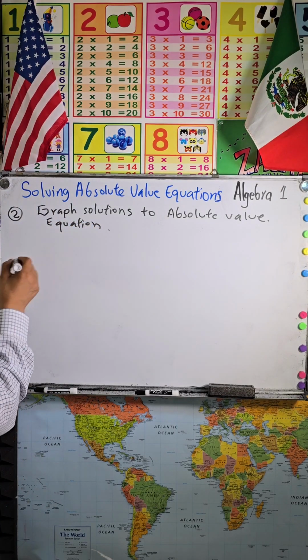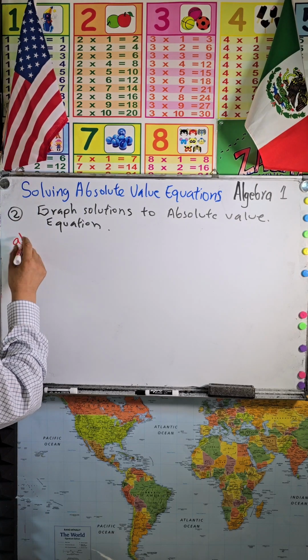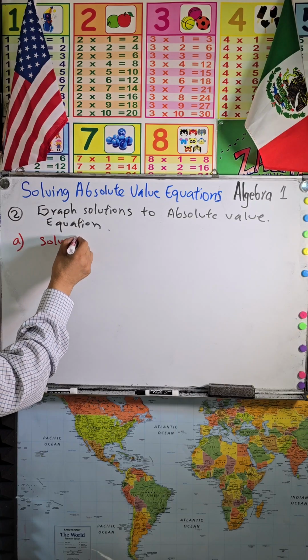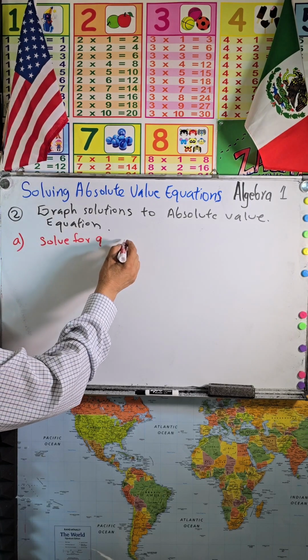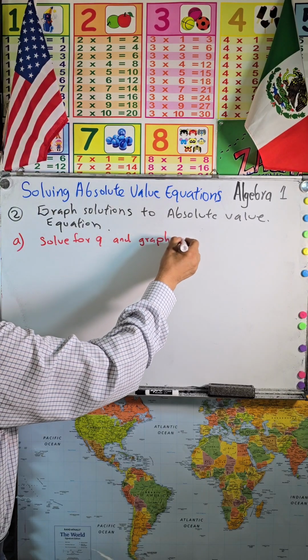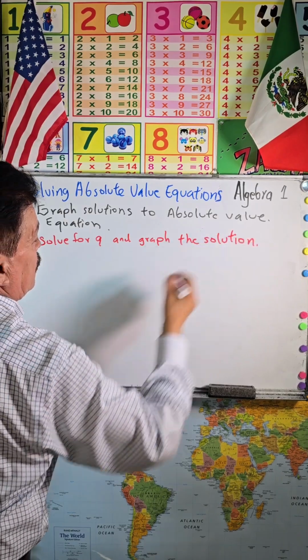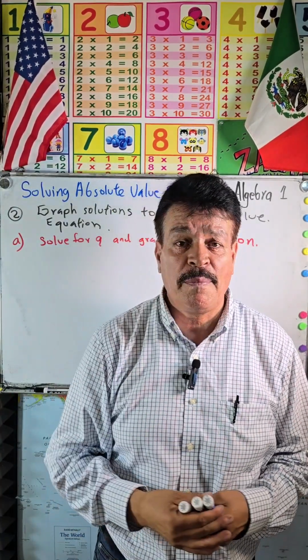Let me write one problem here: solve for Q and graph. This is a simple problem.